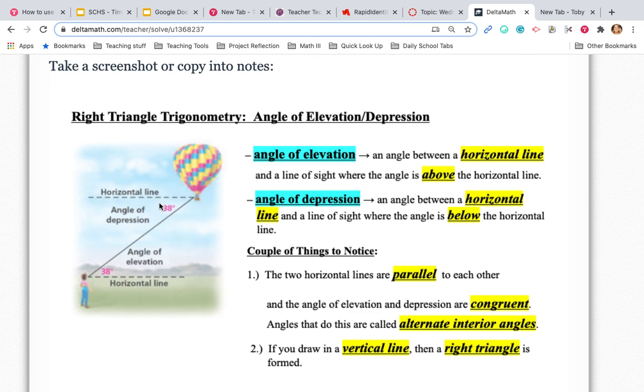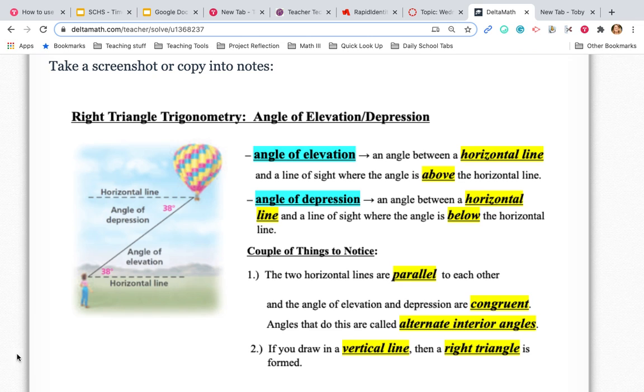But notice I've got a measure here of 38 degrees and this one here of 38 degrees. So why are they the same measure? You might recall that these two horizontal lines are parallel, and we did a whole unit on parallel lines and transversals and angle relationships. What I need you to remember from that is that when you have a set of parallel lines cut by this sight line, which can be looked at as a transversal, then alternate interior angles are congruent.